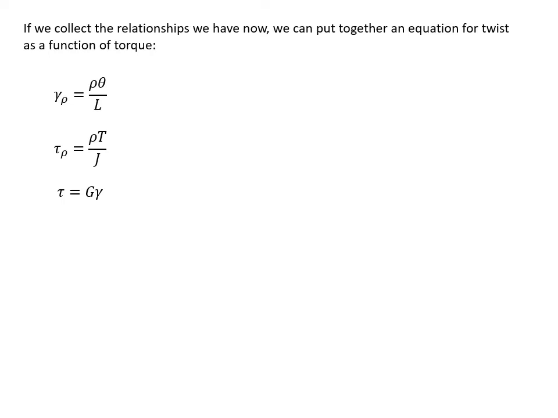If we collect the relationships we have, we can put them together such that we can get theta as a function of torque. So theta is twist. We want that as a function of the torque. So let's take this equation and solve it for theta. That's going to give us gamma rho times L over rho.